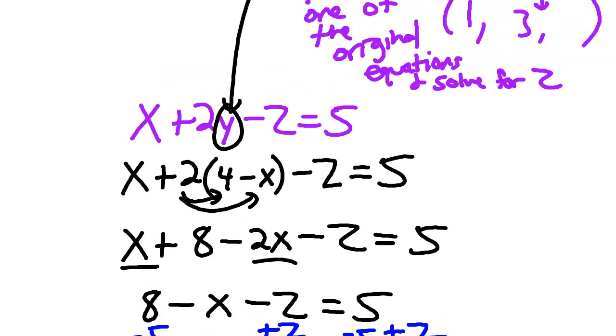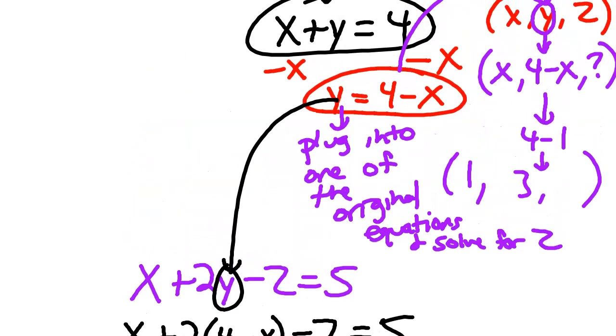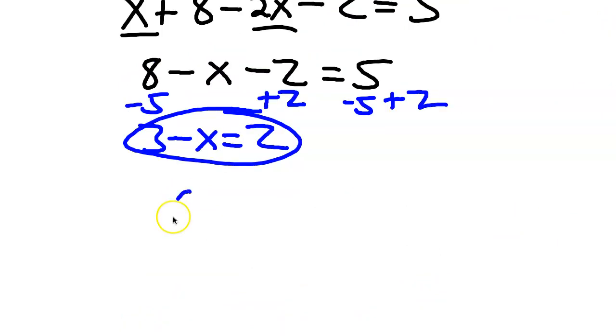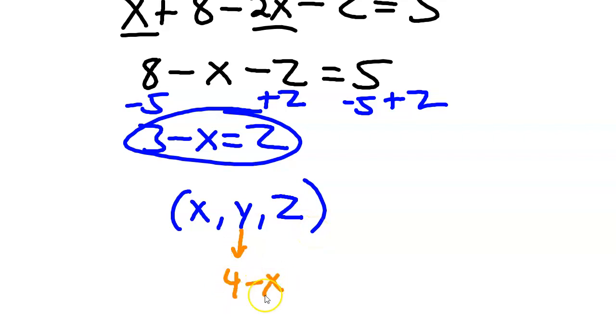So let's plug that back in up here. Let's just rewrite the whole thing, because I'm kind of out of room up there. So going back to this idea that our solution will have this form to it, we know the y-coordinate is going to be 4 minus whatever the x-coordinate is, and we just found out that the z-coordinate will be 3 minus whatever the x-coordinate is.